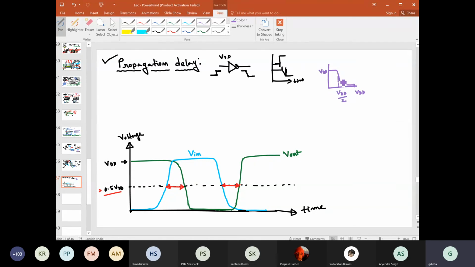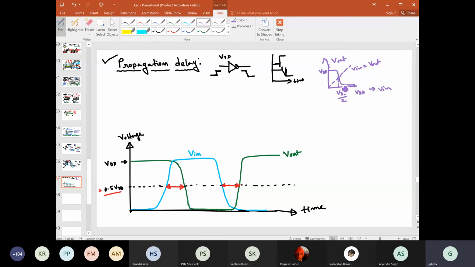So what is the logic threshold? This is where V in equals V out. This is V out, this is V in.